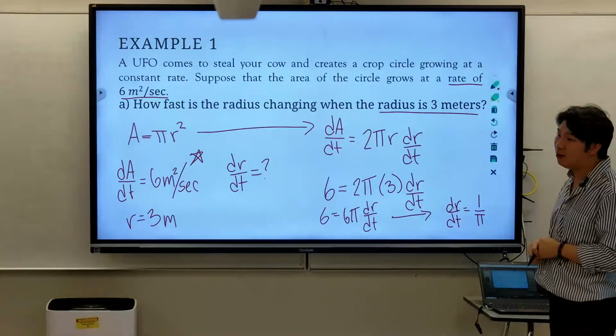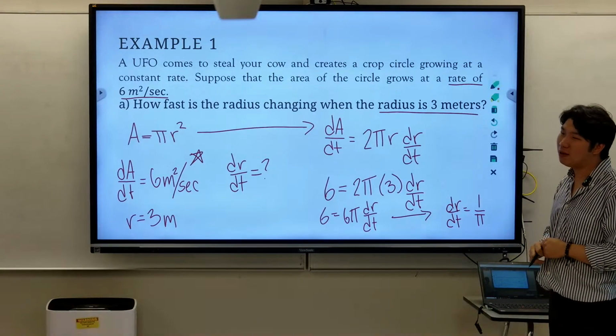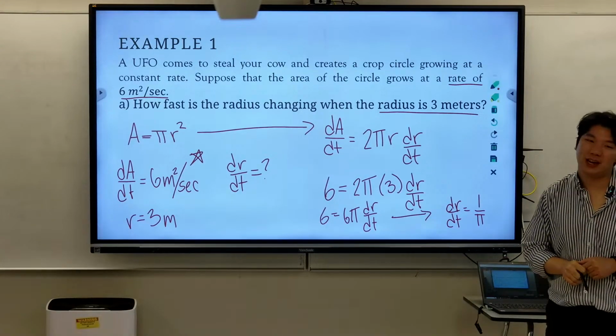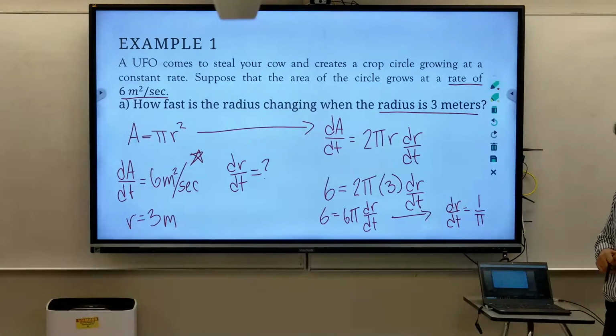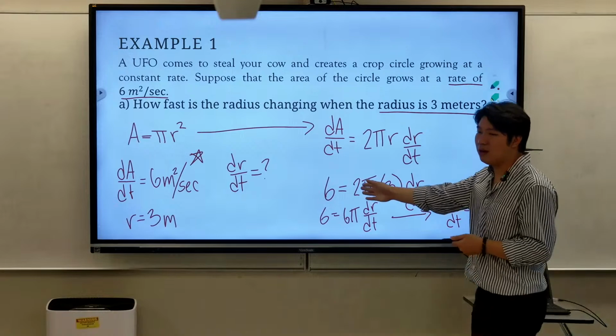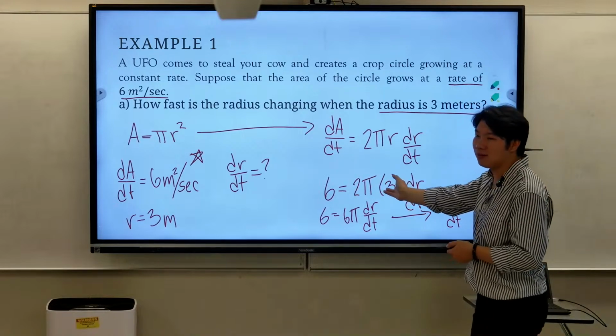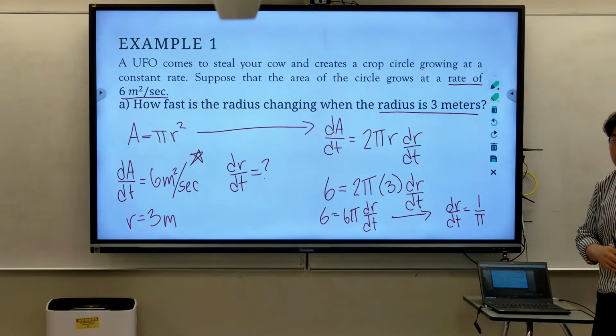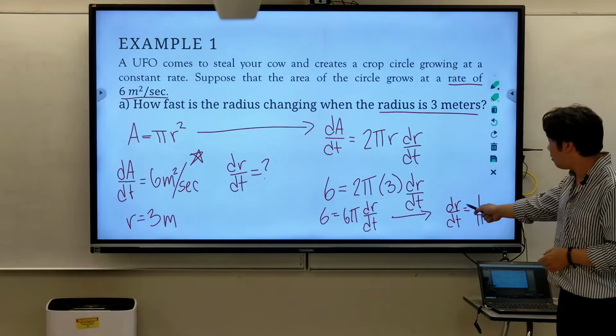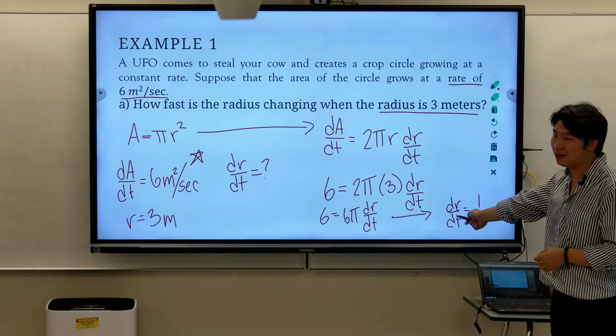So I have the numerical value, but what is the unit of measurement for the rate of change of the radius? We could do some quick dimensional analysis. I could have plugged in 6 meters squared and 3 meters and then checked where all the meters and seconds went. But I also have a quicker way of doing this. This is how the radius is changing over time.